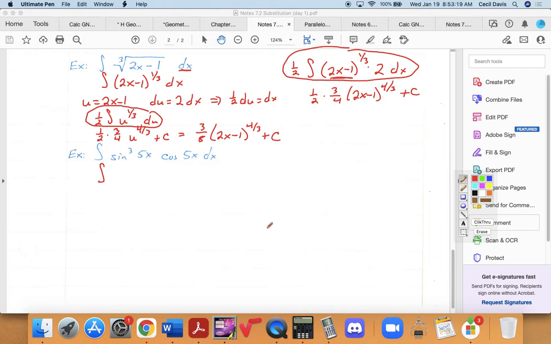Because I really have a function inside a function inside a function, right? But how can I rewrite sine cubed of 5x as an inside function and an outside function? Sine of 5x, quantity cubed, times cosine of 5x dx.